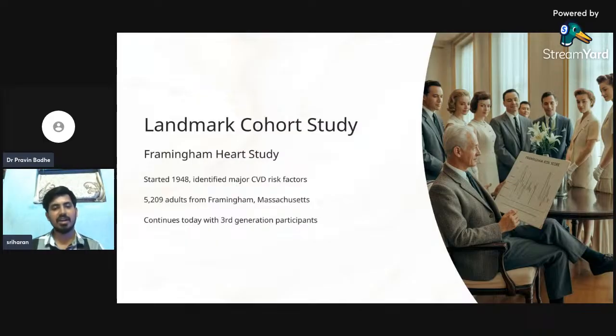Here the exposure is major CVD risk factors. 5,200 adults were taken from Framingham. The study is still going on with the original participants, their children and their grandchildren. This third-generation study is one of the important studies in cohort research, a great example and the parent study for all the concepts of risk.